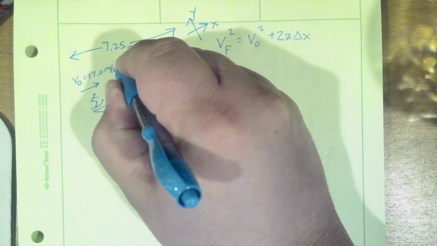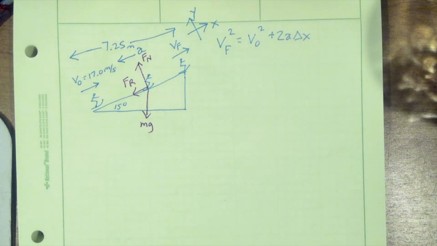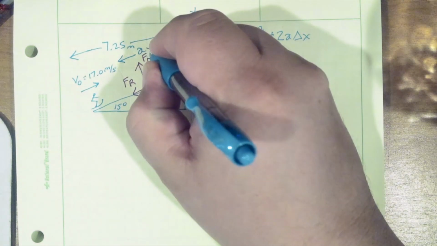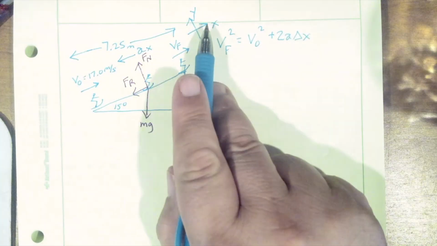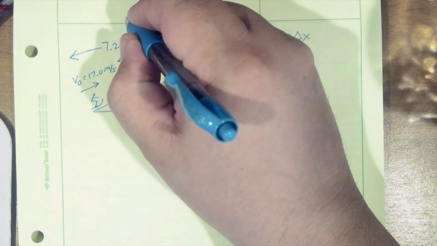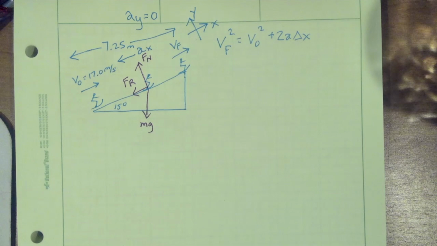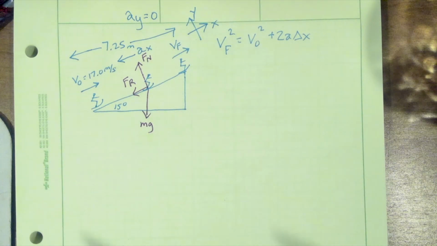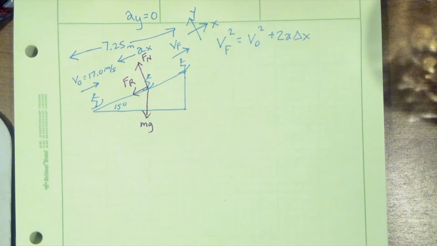Now with this coordinate system, the acceleration of the skier is going to be down the ramp, and that's going to be in the x direction, the way that we've defined it. And the way we've defined the y direction, her acceleration in the y direction is going to be 0 because she is not rising up off the ramp, nor is she sinking down into it.